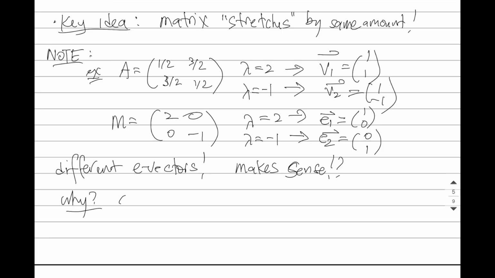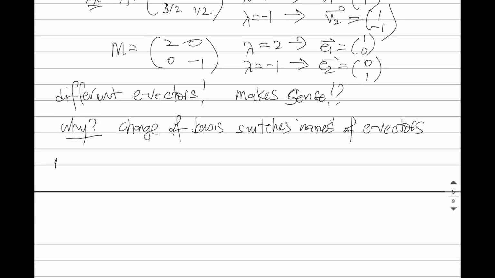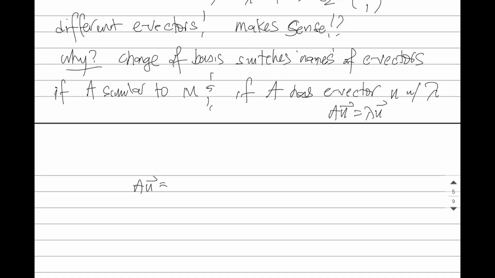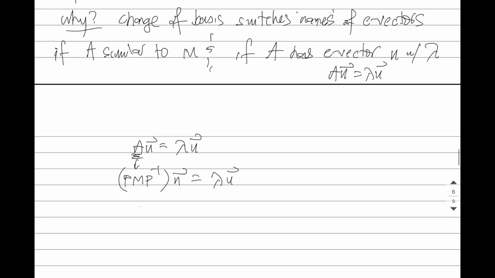And you might say, well, why does it make sense? Remember, similar matrices have to do with switching basis. When you switch basis, you switch the name of the special vectors. You switch the name of the eigenvectors. So if A is similar to M, and if A has eigenvector u with lambda, so Au equals lambda u, you can see that when we do the similarity, there's going to be a well-defined relationship between them. If these two are similar, when I put this in, I'll have PMP inverse times u is lambda u.